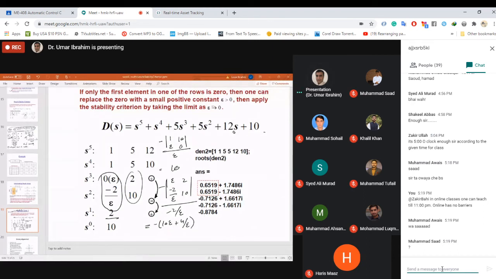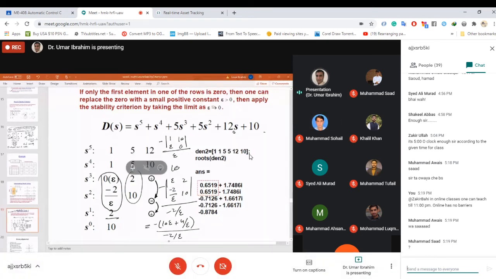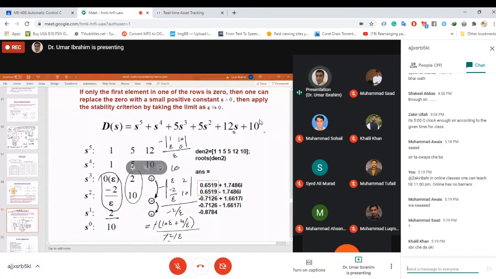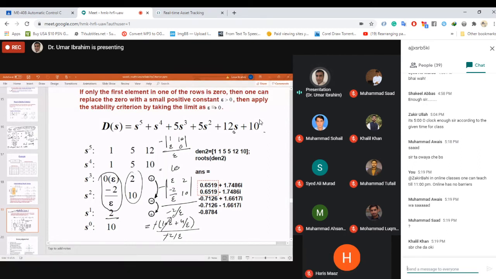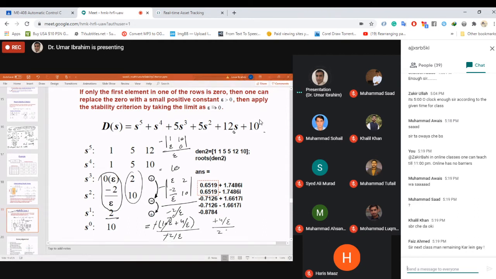Now again we use the same logic and divide by minus 2 by epsilon. Since epsilon is a very small quantity, any quantity multiplied by it will approach 0. So we end up with 4 by epsilon divided by 2 by epsilon. So epsilon cancels, and we end up with 2. So our next value is 2.